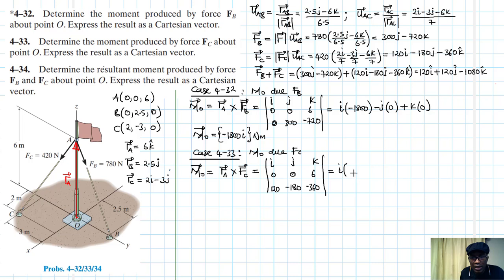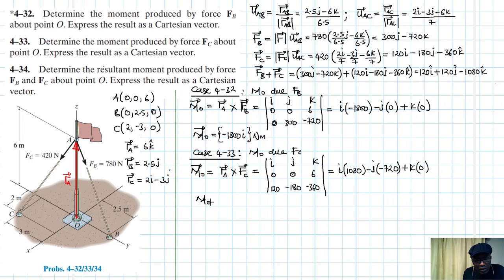This is equal to I. What do we have? I, that's a plus, that's 6 by 180, 1080, minus J. What do we have? Minus 6 by 120, that's minus 720. Okay, then plus K, we just have a 0.